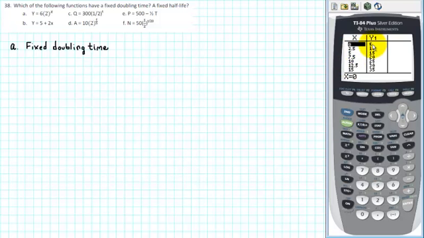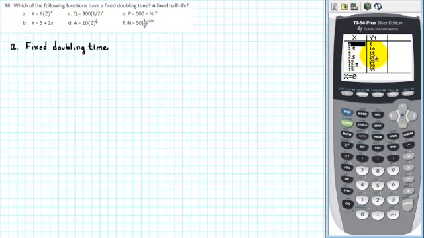Well, we see that initially it doubles from 5 to 10, but it doesn't then double from 10 to 20. It increases by 5 from 10 to 15. Instead of taking 2.5 units to double, it takes an additional 5 units to double.